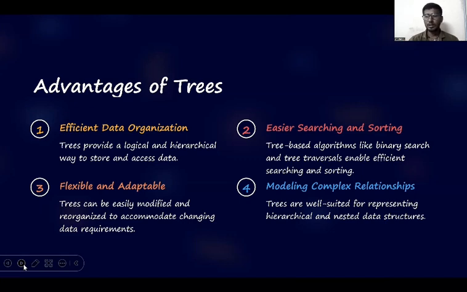We can divide it into parts like root node, leaf node, subtree. Like in our files, we have folders, and in a folder we have many files. We can do the same with trees. So efficient data organization means a tree provides a logical and hierarchical way to store and access data, with easier searching and sorting.